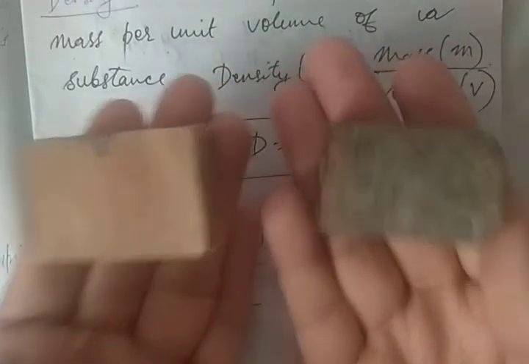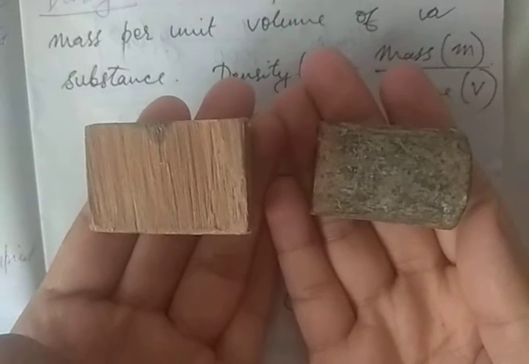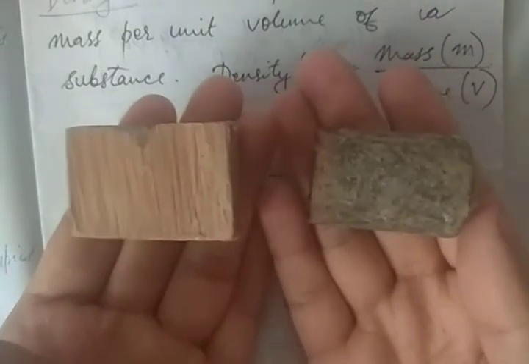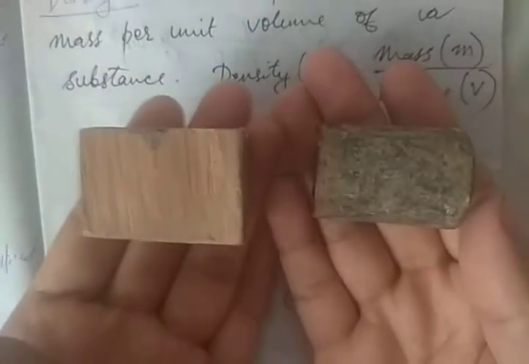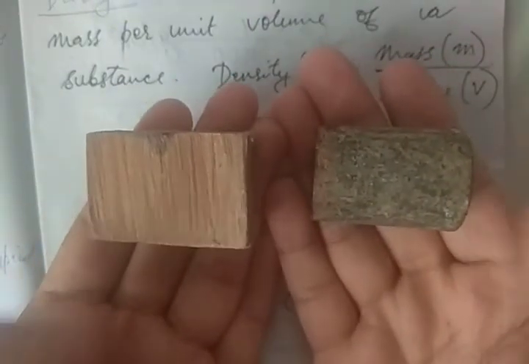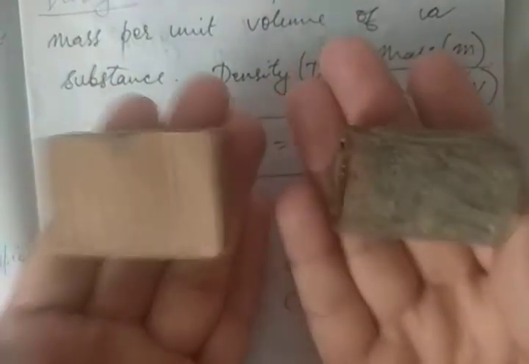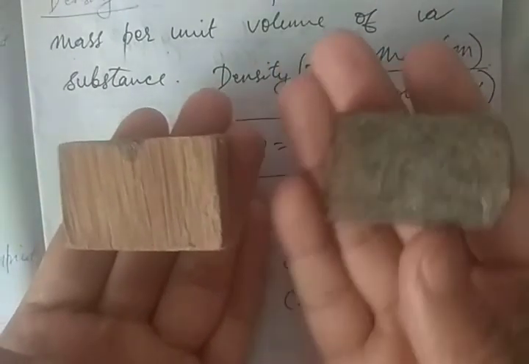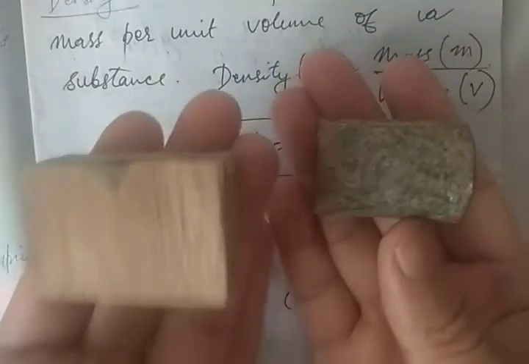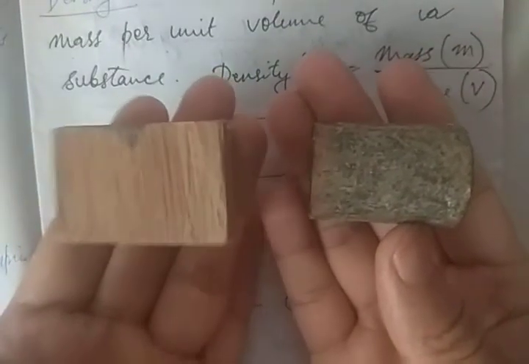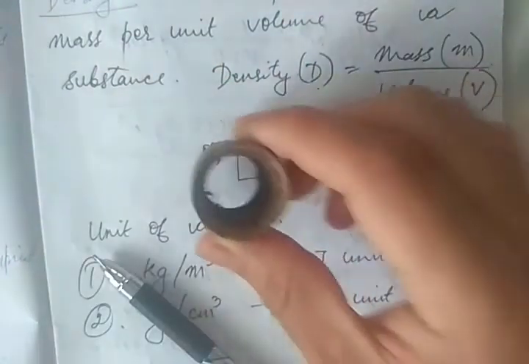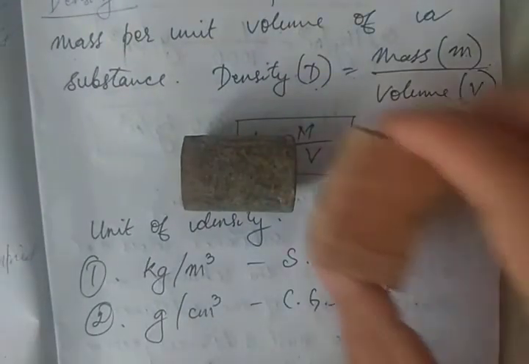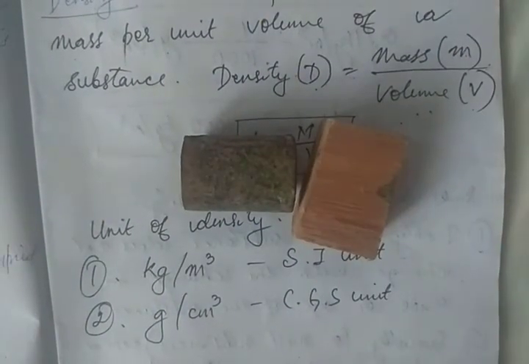So although the volume of both substances is, strictly speaking, not the same, we are taking it to be the same. The masses packed in them are different. The mass packed in this volume of iron is more than the mass packed in the same volume of wood. Therefore we say the density of iron is more than the density of wood. Remember that.